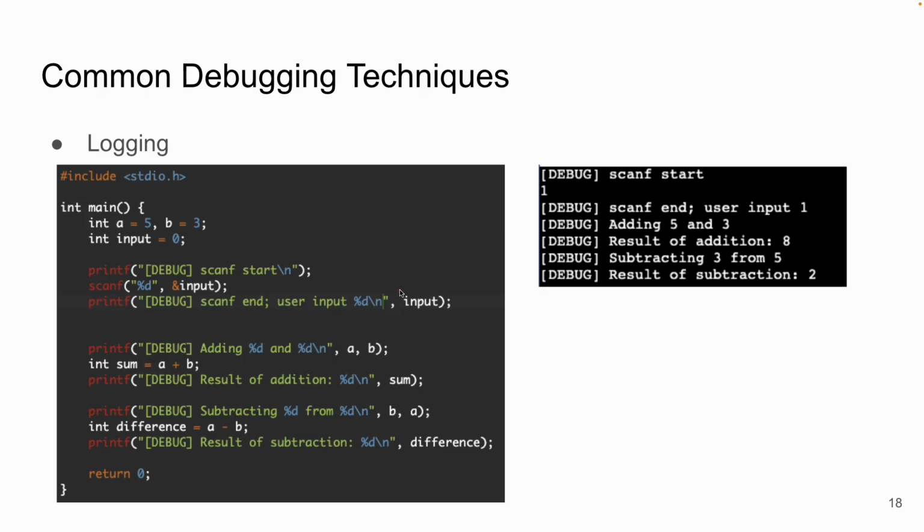Here you can see I write the message "debug here", and then I write down all the important steps in this code and print out the current values of those key variables. This technique is called logging. I would say this is a very old-fashioned way, but if you are a beginner, it is a way you can start to try.